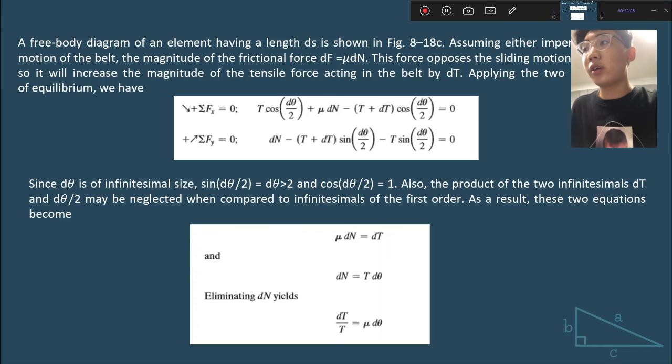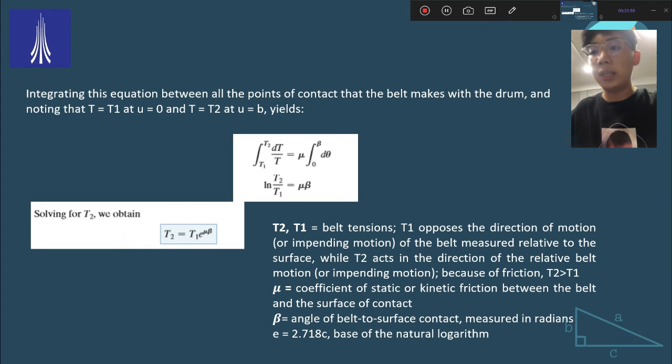Applying the two force equations, the sum of Fx and the sum of Fy, and after simplifying, we use the fact that for small theta, sine of theta over 2 is approximately equal to theta over 2, and following the same procedure, we get µ dN is equal to dT. From that we can find T2, where T2 is equal to T1 e to the power of µ times beta.